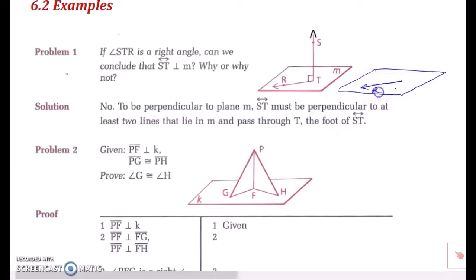Here's RT, and I could draw this as a right angle, so it's perpendicular to the one line in the plane, but ST is not perpendicular to the plane. So that's why it has to be perpendicular to two lines in order to be perpendicular to the plane.